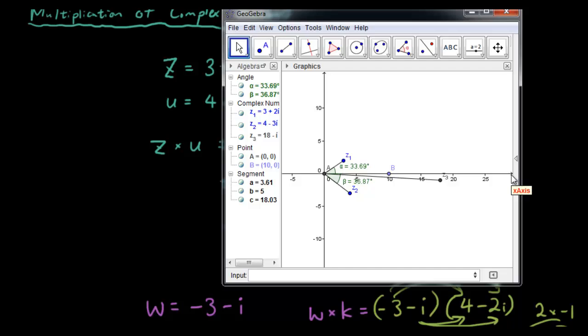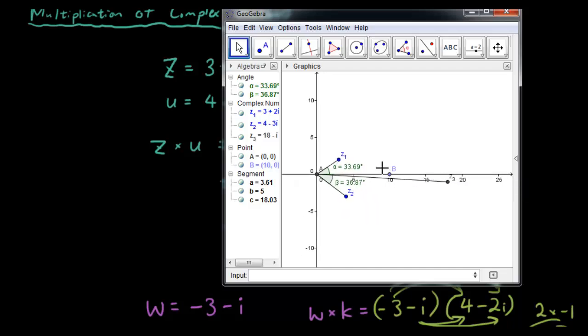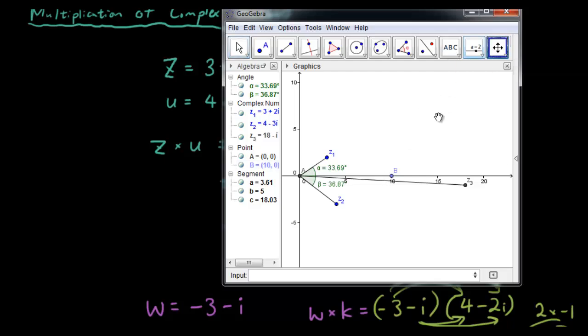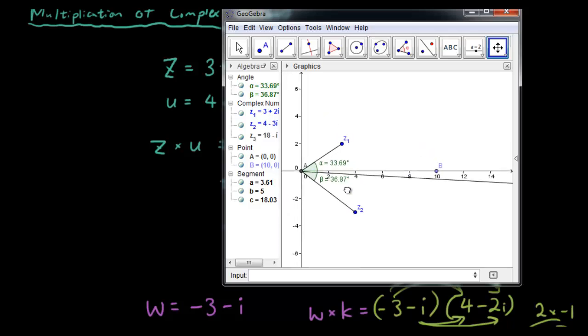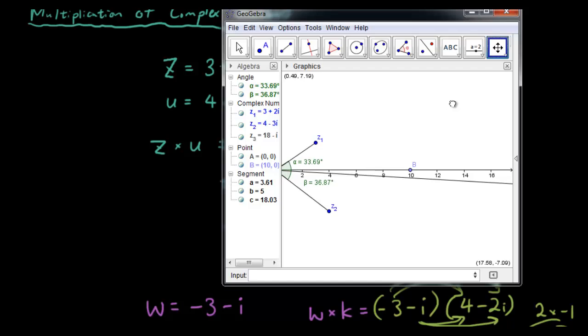If you go counterclockwise with respect to the x-axis, that means to the left, the angle is positive. But if you go clockwise with respect to the x-axis, the angle is negative. So this angle should actually be negative 36.87 because we're going down below the x-axis.